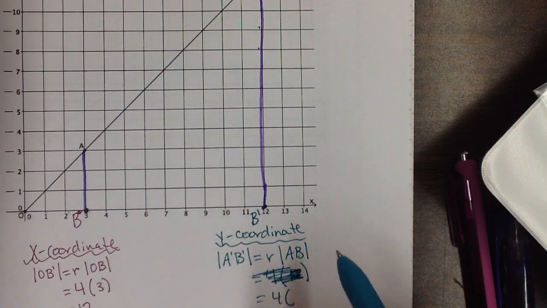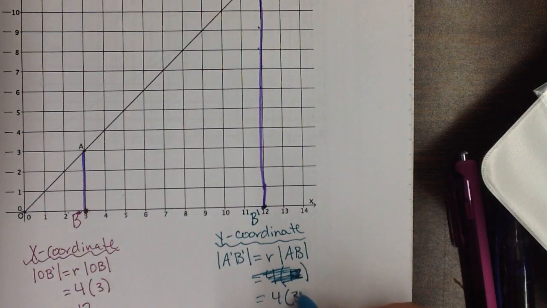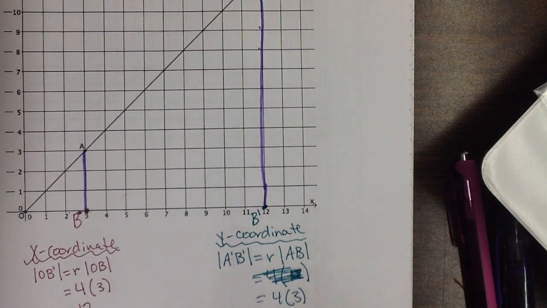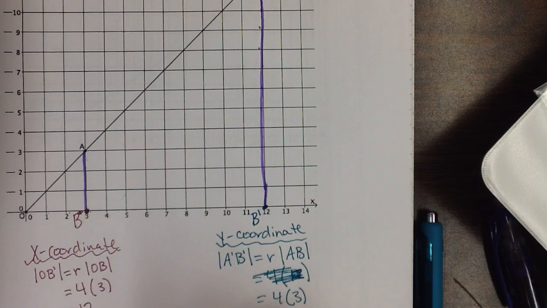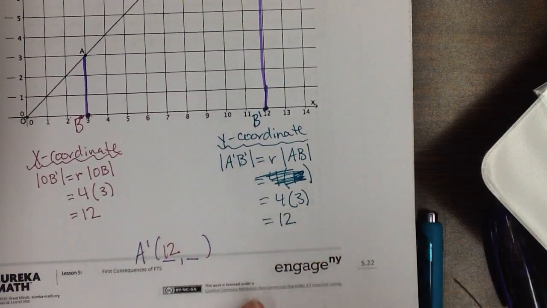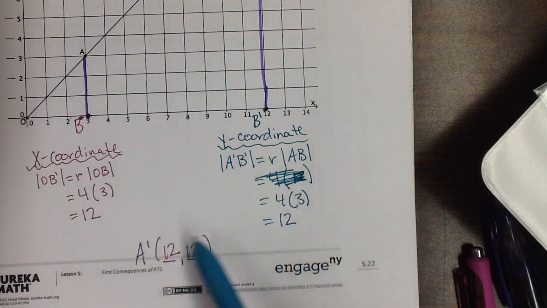It would be 4 times the distance from A to B, which is 1, 2, 3. So then we get 12. So our coordinate for A prime, the x value goes first, would be 12. And then the y value goes second, would be 12.